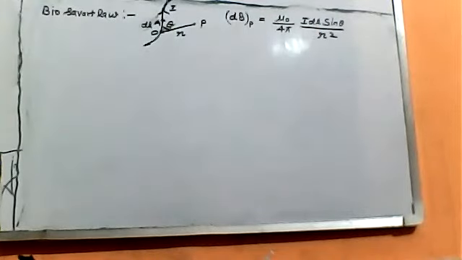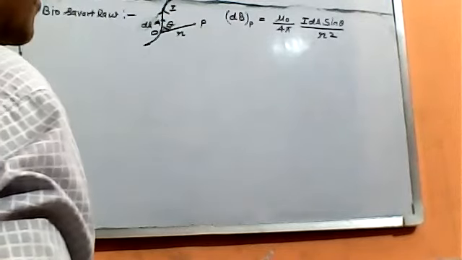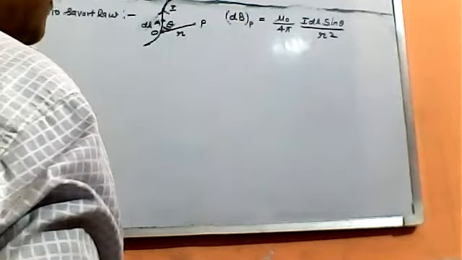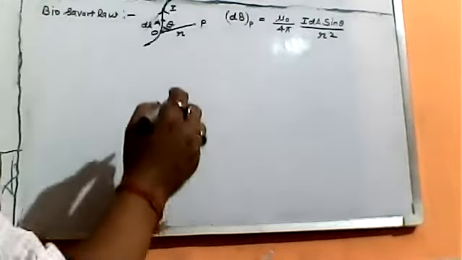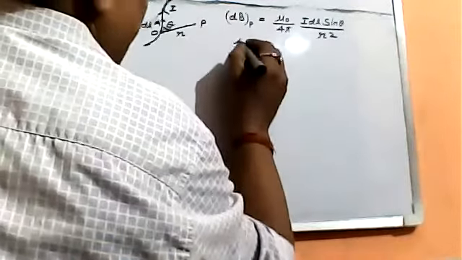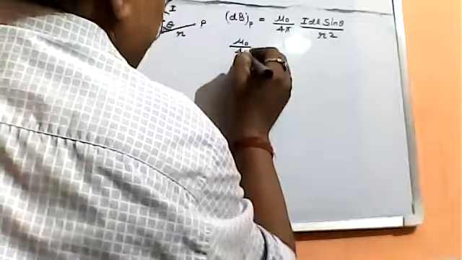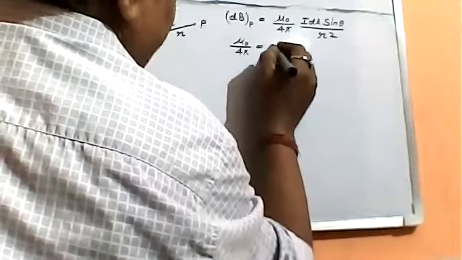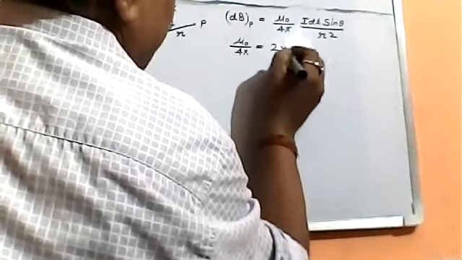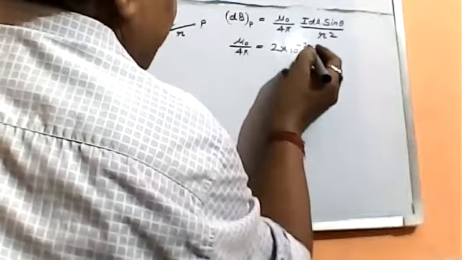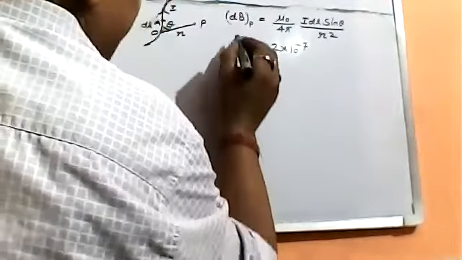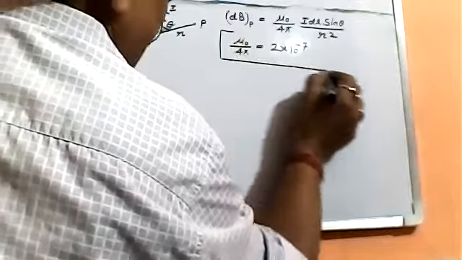What is the value of mu naught upon 4 pi? Mu naught upon 4 pi is 10 raised to power minus 7. Always remember all the formulas, it is very important. This is the value of mu naught by 4 pi.